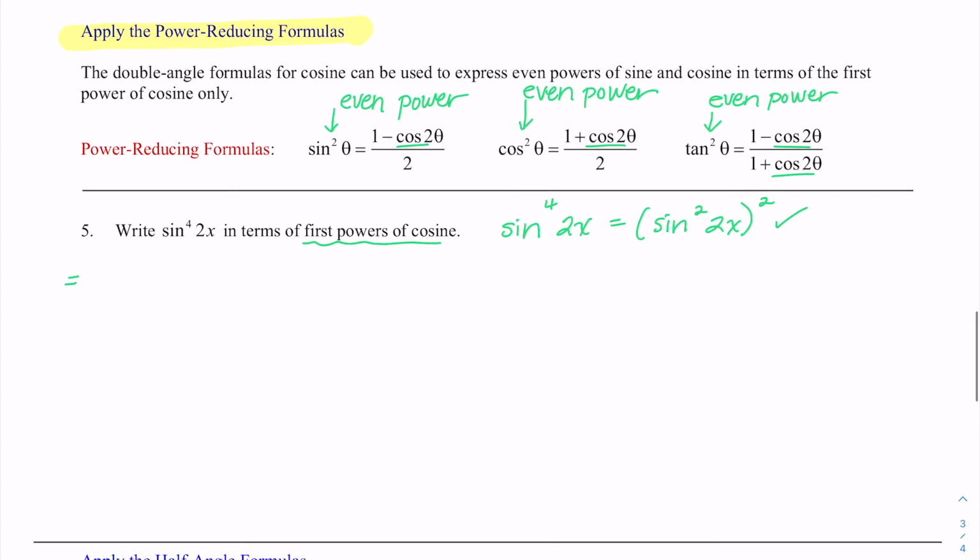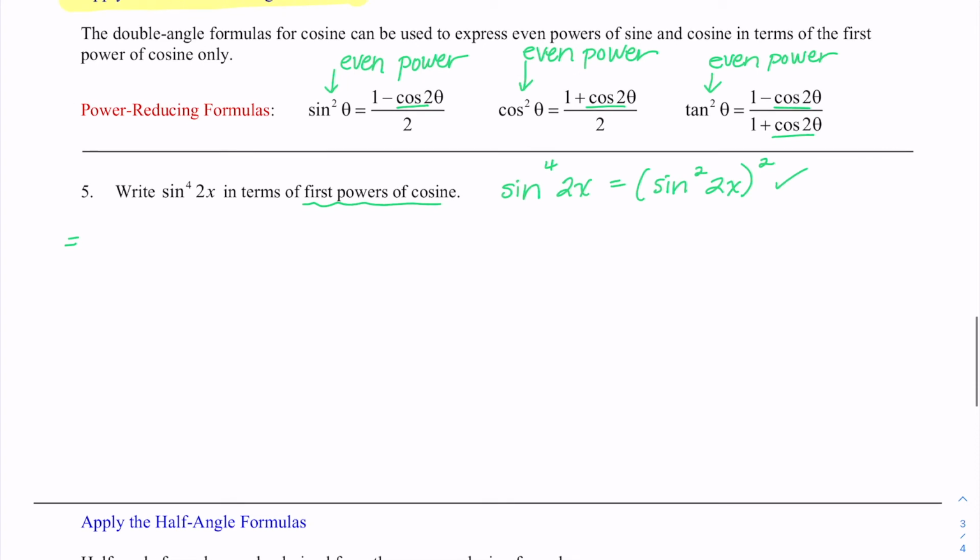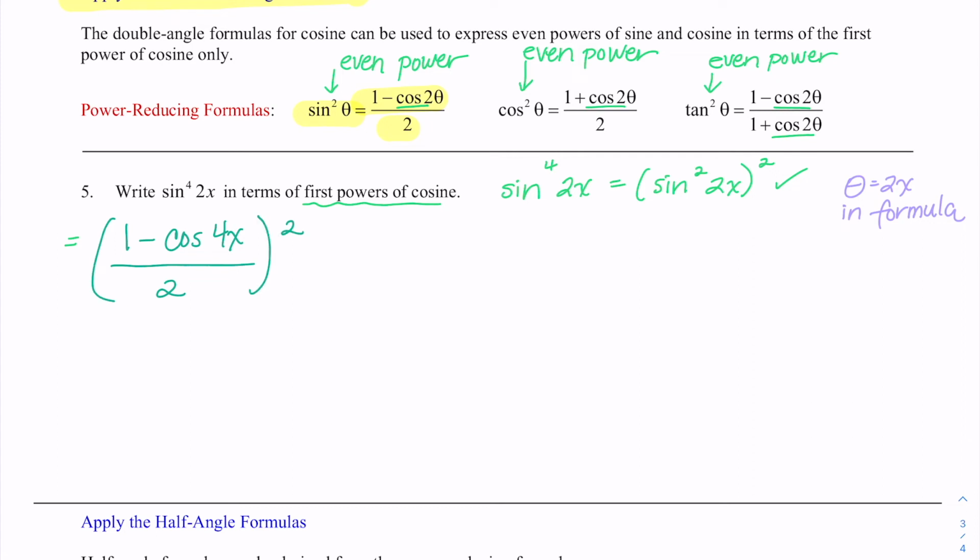Now we're going to have the sine squared of 2x. So we're right here, and here theta is going to be equal to 2x. So using that formula, we can write 1 minus the cosine, and again we're going to have 4x now, all over 2, and this is squared.